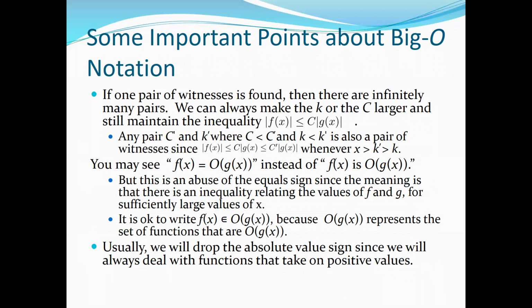It is okay to write f of x belongs to order of g of x, or we can say f of x is order of g of x instead of f of x equals order of g of x, because big O of g of x represents the set of functions that are big O of g of x. Usually we will drop the absolute value sign, since we will always deal with functions that take positive values.